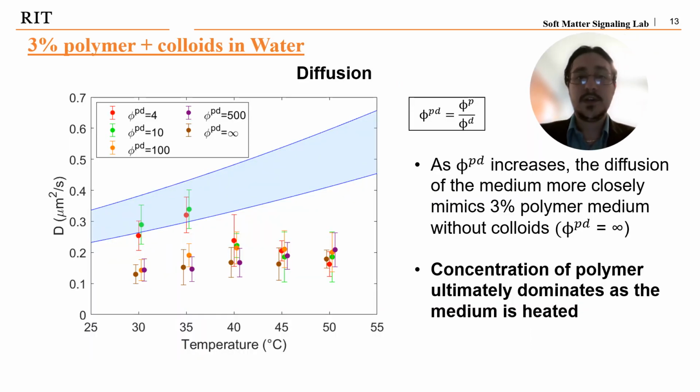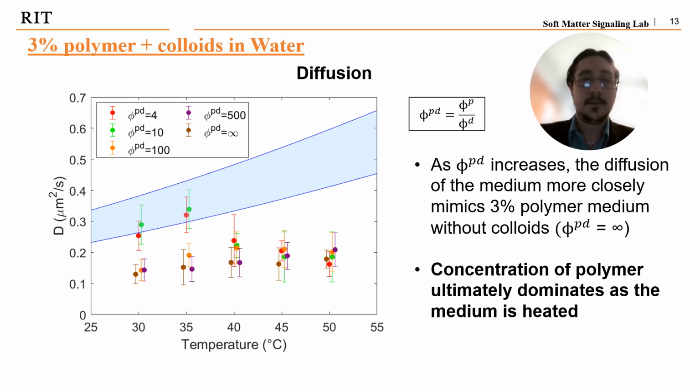When we look at the diffusion of our complex fluid, we need to define something that we refer to as the phi number. Now, this phi is a ratio between the volume fraction of polymer to the volume fraction of droplets in our medium. We can see that as our phi increases, the diffusion more closely resembles what we would see for a polymer mixture without the presence of colloids, which we could essentially consider to be a phi of infinity.